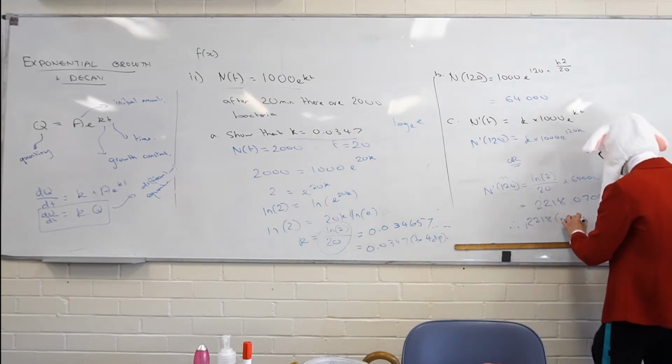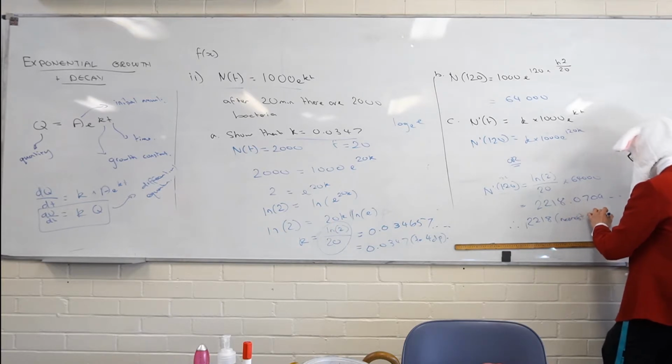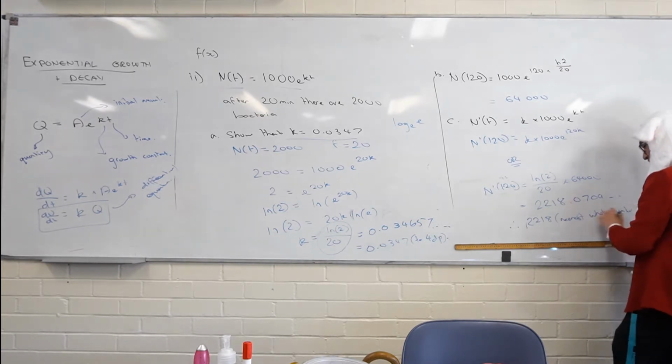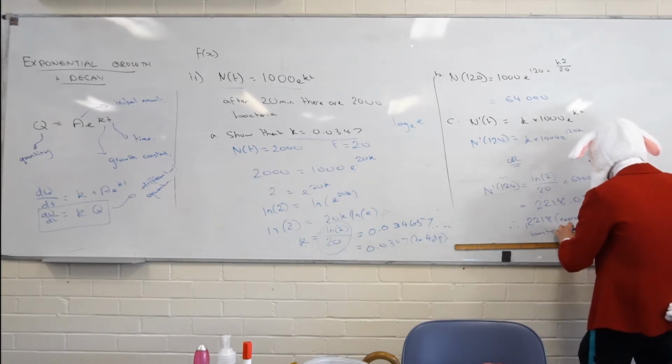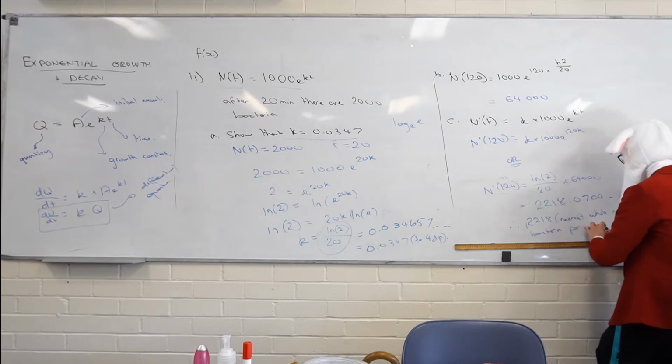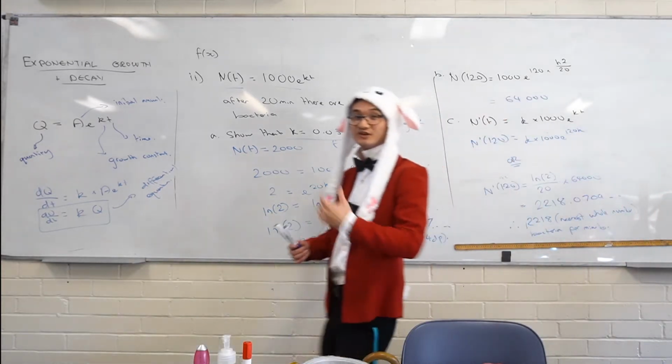But just specify what you're rounding to. Bacteria per minute. So that's the rate of change. That's how many bacteria are growing per minute.